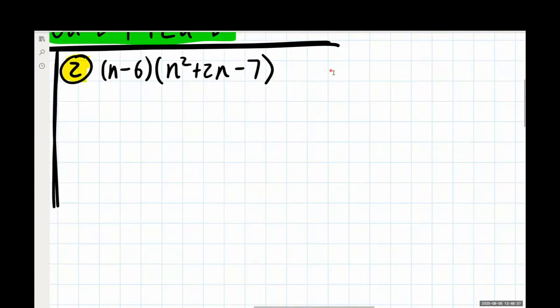So like we did with our first problem, we're going to take the first term from the first polynomial, and we're going to multiply it through to everything in the second polynomial.